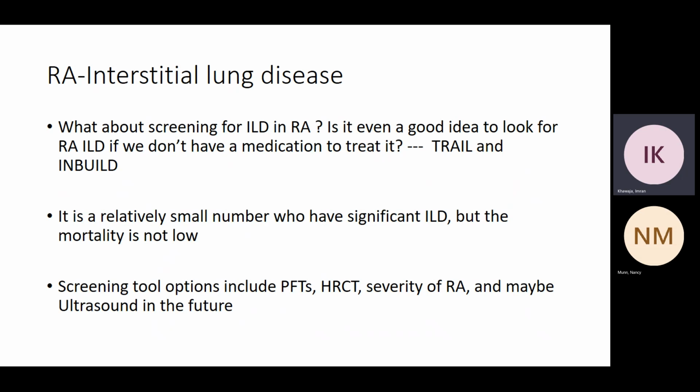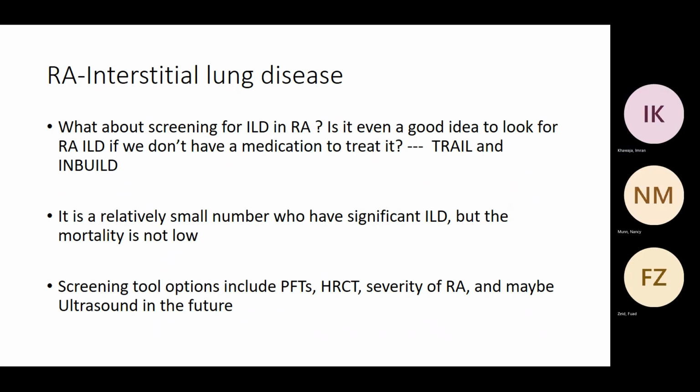I'm not saying this is great evidence, but subgroup analysis has its own disadvantages. At least there is a signal that people placed on it didn't lose lung function, but it's still a small sample, and this is going to be the case for most of the interstitial lung disease. That's right.